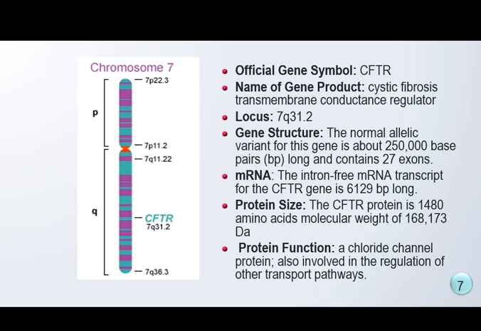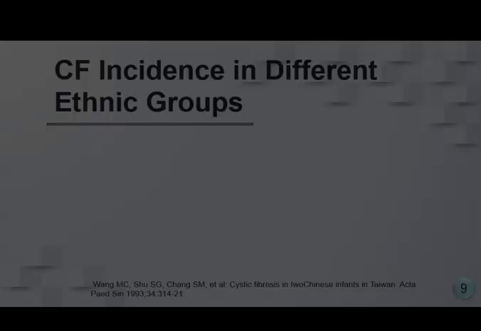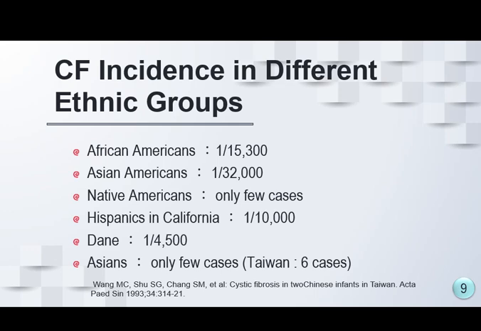So the incidence in different ethnic groups is different. In African Americans it is about 1/1500, and in Asian Americans it is 1/3200.